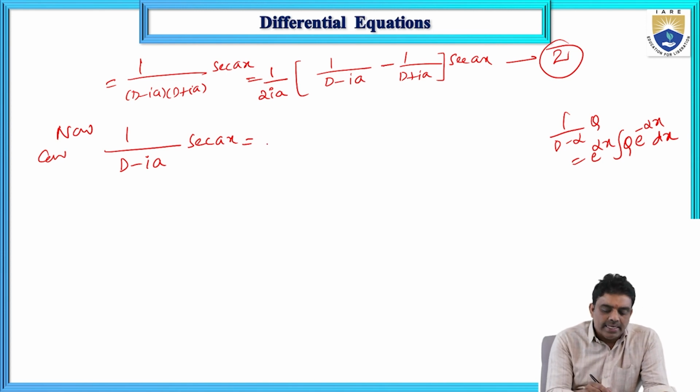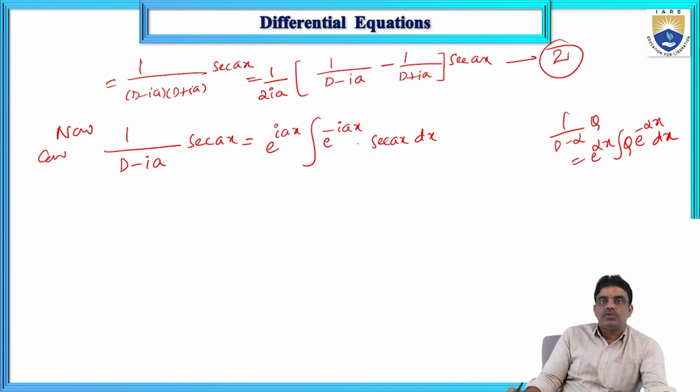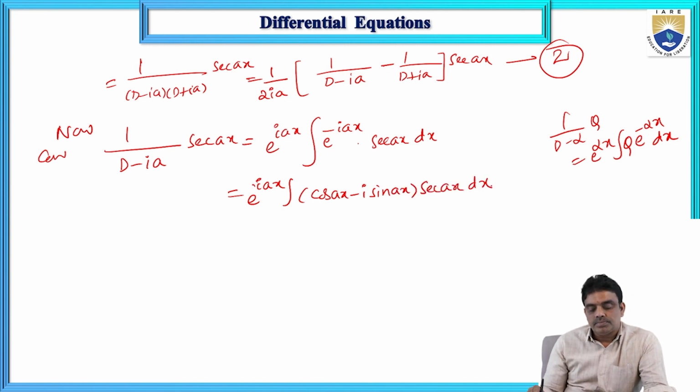So alpha is ia, so e power iax integral of q, which is secant ax, into e power minus iax dx. But what is e power minus iax? I can write that as cos ax minus i sin ax, times secant ax dx.